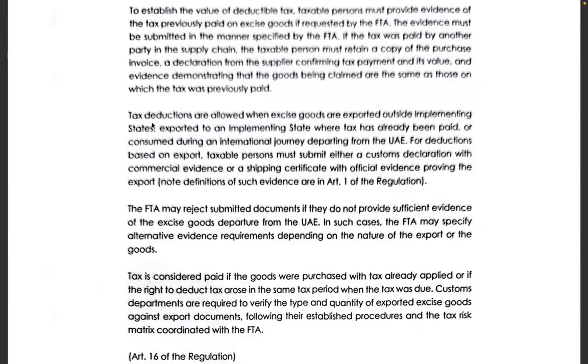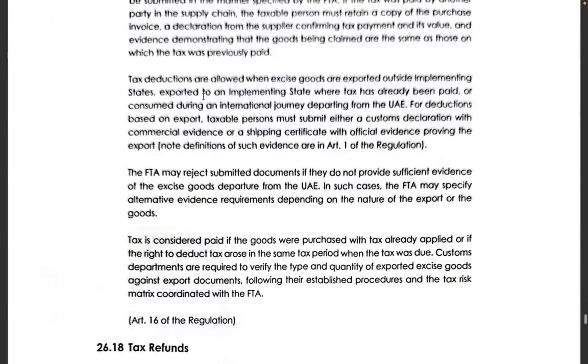Tax deductions are allowed when excise goods are exported outside implementing states, exported to an implementing state where tax has already been paid, or consumed during an international journey departing from the UAE.